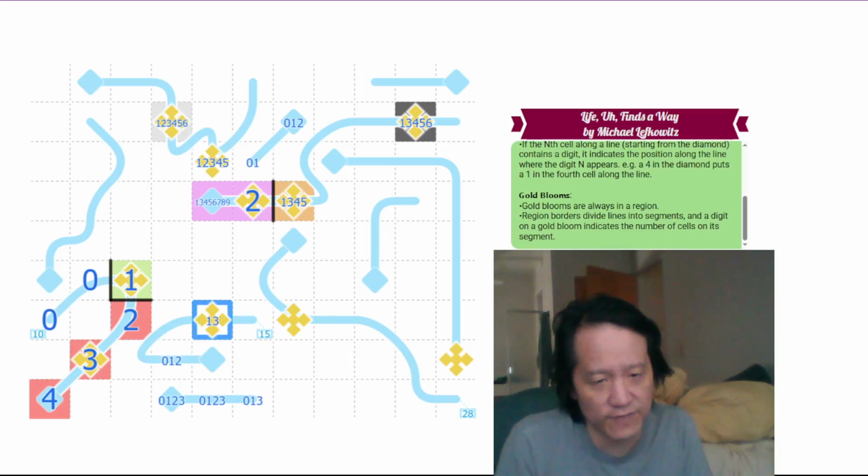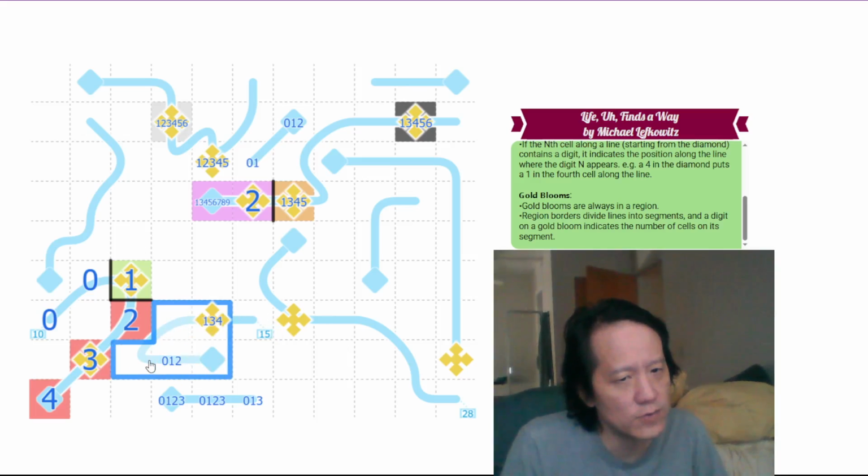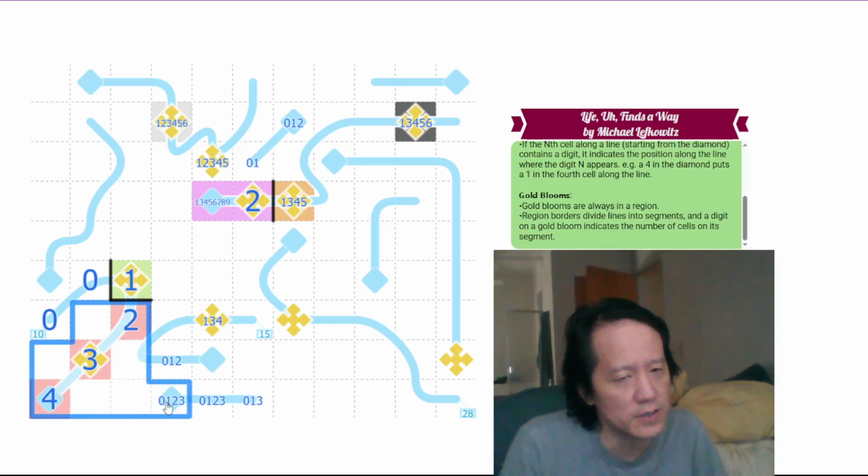So this cannot be 4. If you're 3, wait. If it's 4 digits, that means 5 are filled, and it has to be these 5. But you could actually go this way, right?